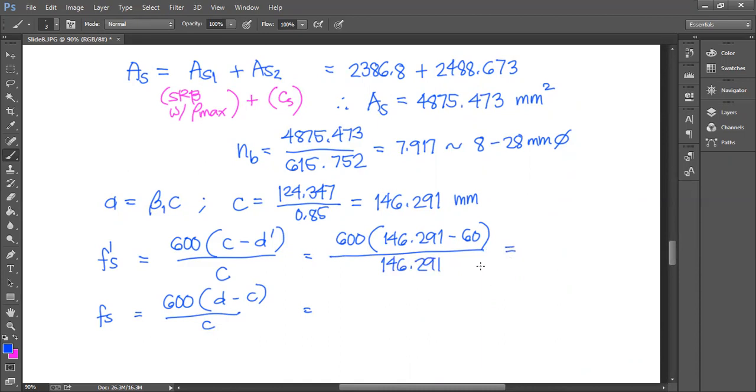Wherein F prime S is equal to, tingnan natin, 600, so meron tayong 353.915 mega Pascal.